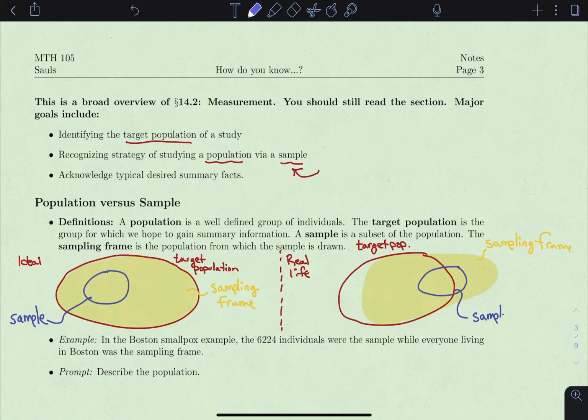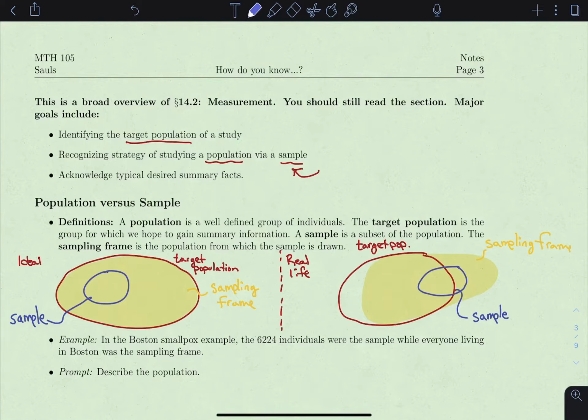You can imagine a situation where, say, you're trying to study oysters in the Northwest. There are two species of oysters that look really similar, but you're only trying to study one of them. So your target population is species A. And your sampling frame is all the oysters that you can have access to at a local farm.